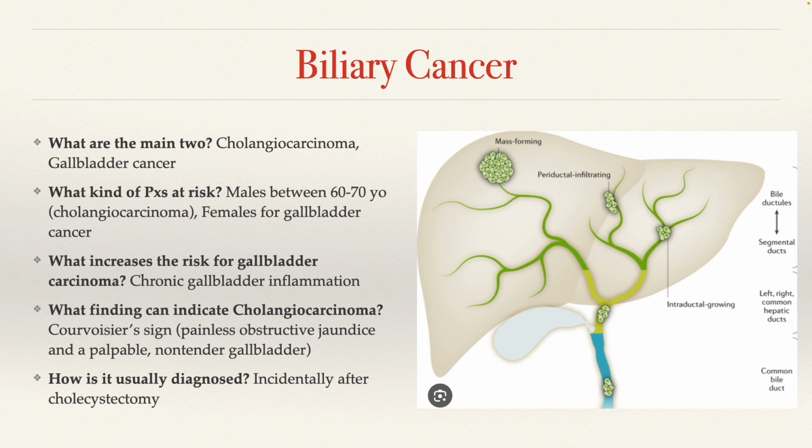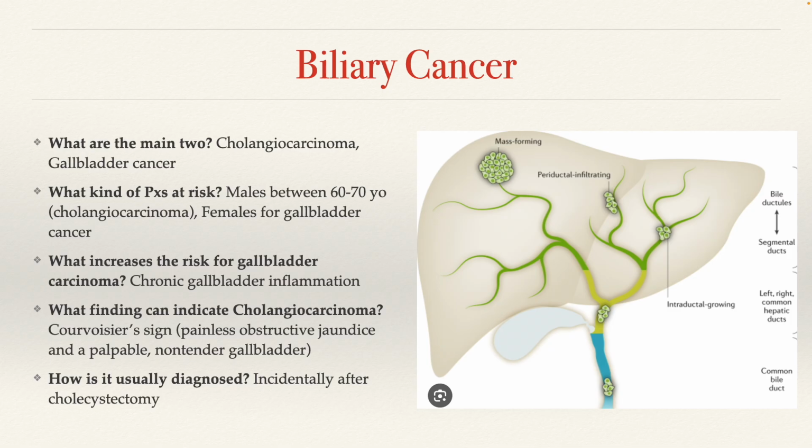Like most malignancies, we often like to say that they're painless at first, right? So we have painless obstructive jaundice. They're yellow, and they have no pain, and you can feel a gallbladder with your hands. And while this gallbladder seems like it would be large and swollen, it's non-tender. So these are all red flags for malignancy, not stones.